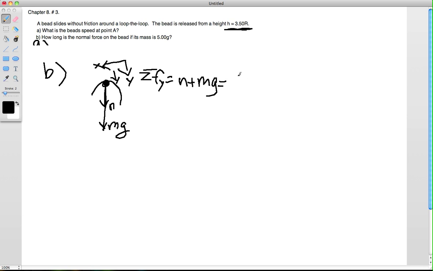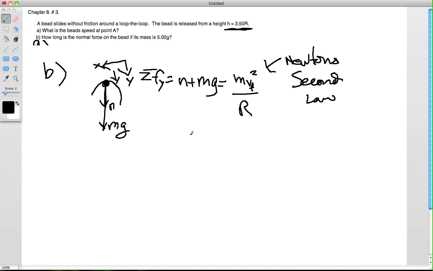This equals m v squared over r from Newton's second law. We use that equation to solve for the normal force.